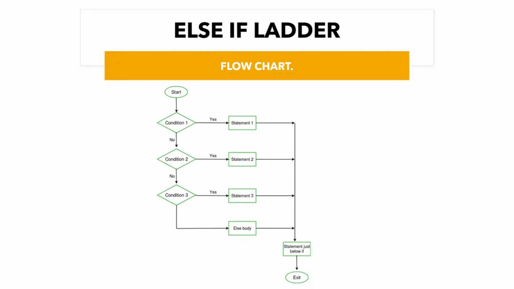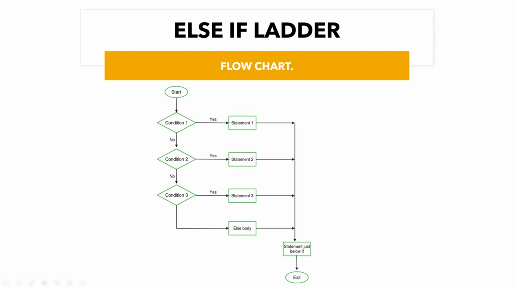In the flowchart, we can see that there is a start point. Below the start point we have our first condition, that is the if condition. If the condition in the if part is true, then the statement below the if part would be executed.